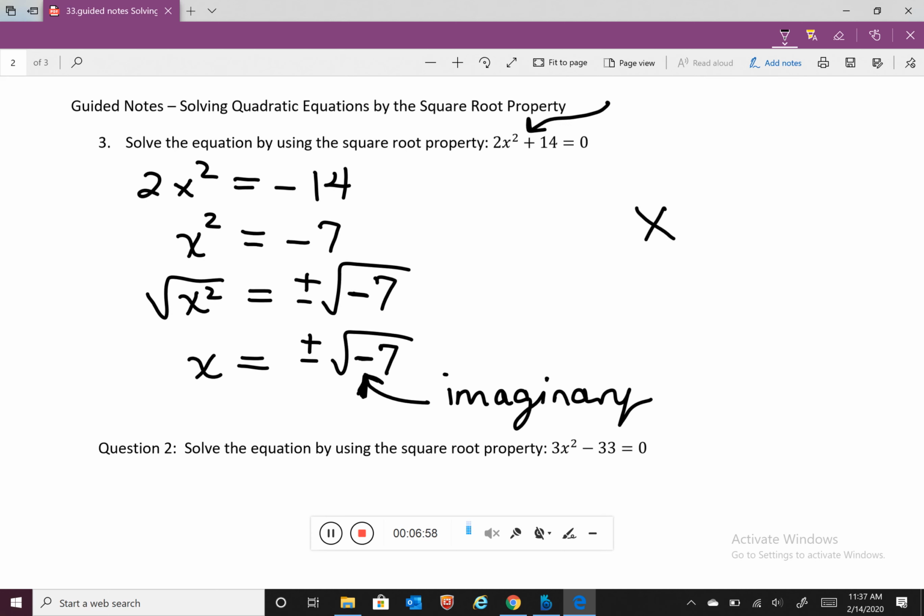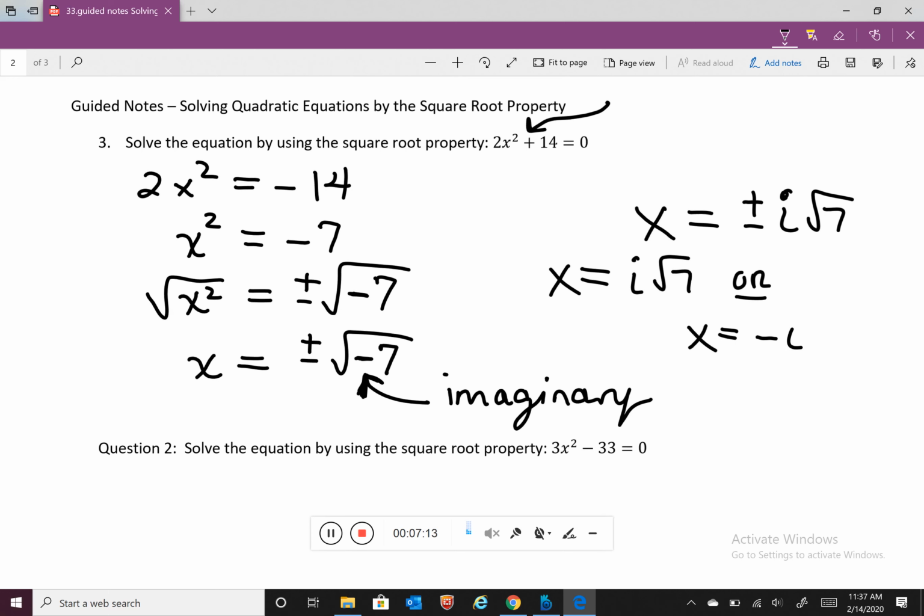Another way to write this is positive or negative i times the square root of 7. So we do have two solutions: i times the square root of 7 or negative i times the square root of 7. And we will not be checking imaginary solutions.